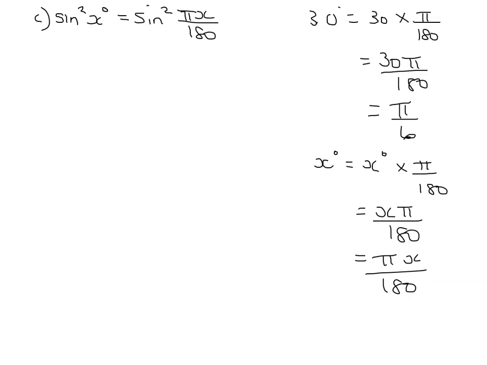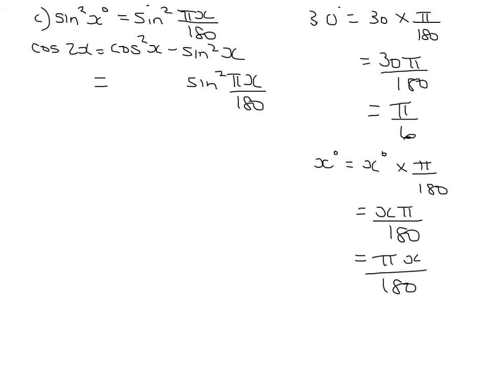Alrighty, so we normally start with cos 2x equals cos squared minus sine squared. But this time we need sine squared pi x on 180. So we also need cos squared pi x on 180. Put a minus in there. And convention has it that we double what's on the left-hand side.